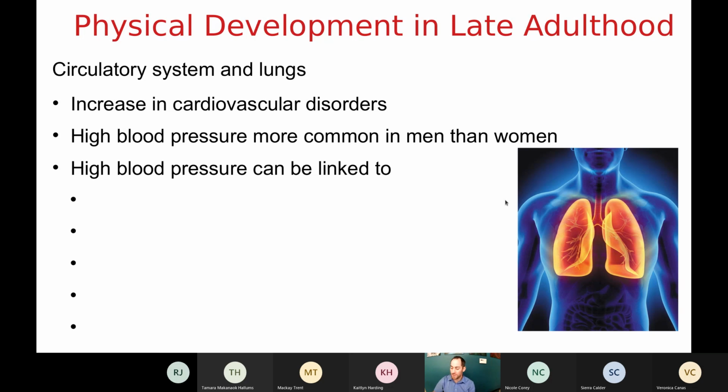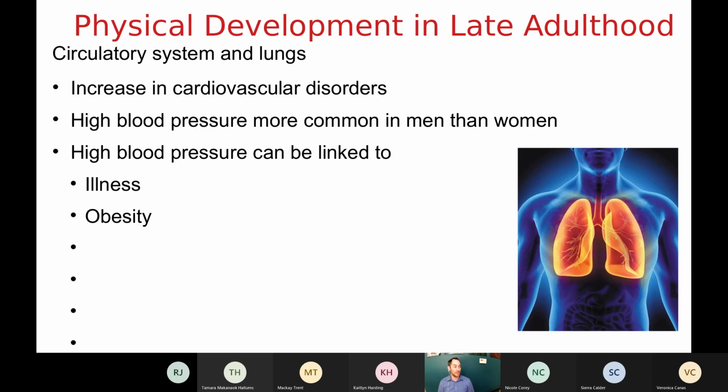I breezed through the circulatory system and lungs last time. Exercise can really help with your circulatory system and your lungs. There is an increase of cardiovascular disorders in late adulthood, including high blood pressure, with a higher risk in men. High blood pressure is linked to a lot of bad things.